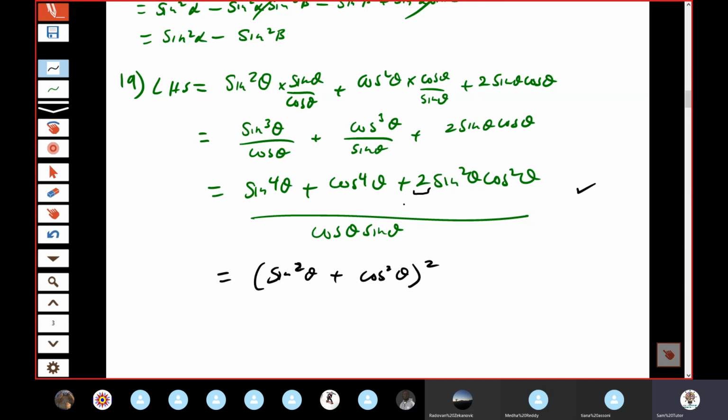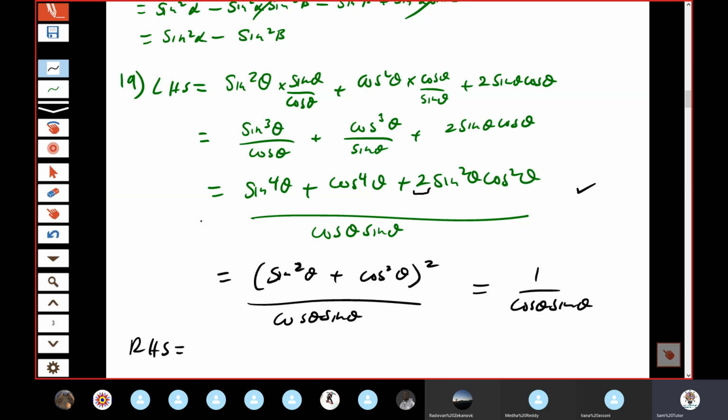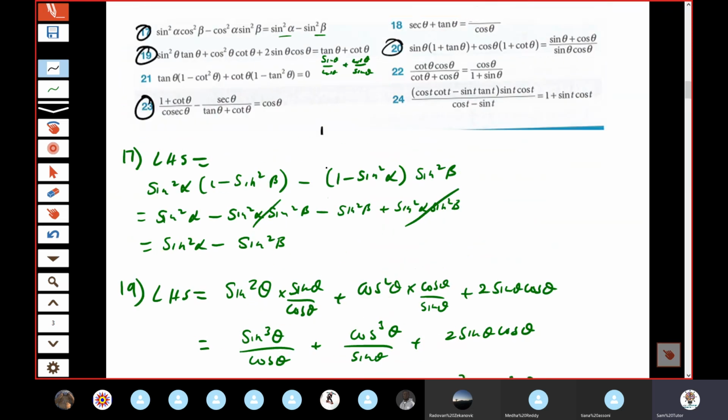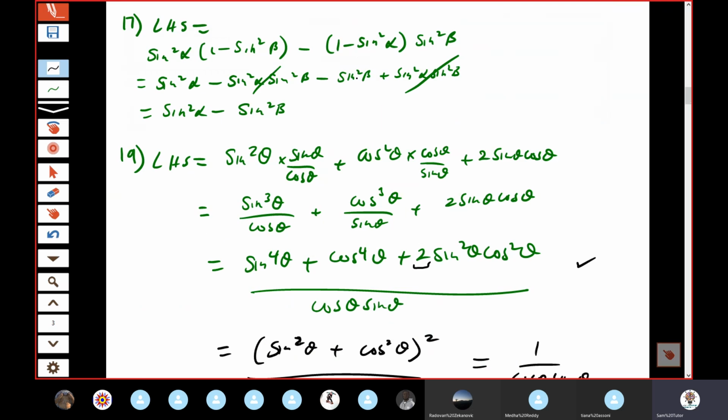The fact that the 2 is there tells you that it's going to be a perfect square. All right, then it's pretty easy. 1 on cos sine. So I'm going to pause there. I'm going to do my right-hand side. My right-hand side was sine on cos plus cos on sine.